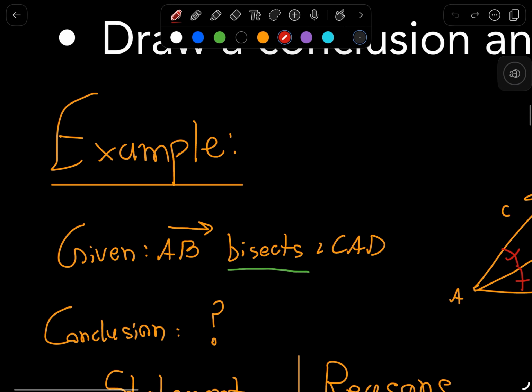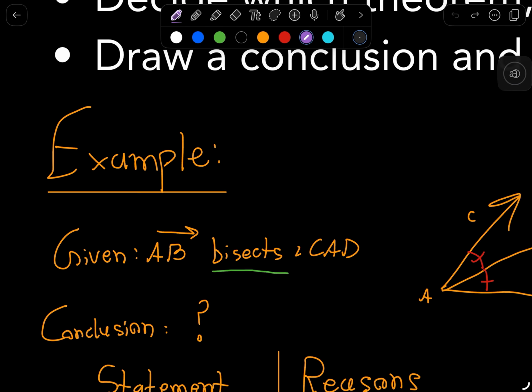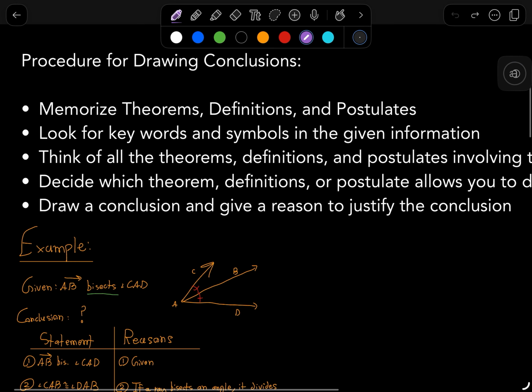What keywords do you see in the given information here? The first thing that pops up in my head is bisects, because that's literally all we're given: AB bisects angle CAD. So I'm assuming bisects has to be an important part of this question. Your third step is to think of all the theorems involving that keyword.